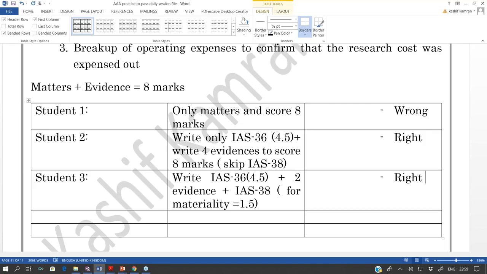The third student took 4.5 marks from IAS 36, then he took 2 marks from evidences, and then he just took 1.5 marks by writing the materiality of the research cost, and he scores 8. So can there be different ways of gaining 8 marks, everyone? Can there be different ways of gaining 8 marks if I know the marking scheme? Is everyone getting that message?